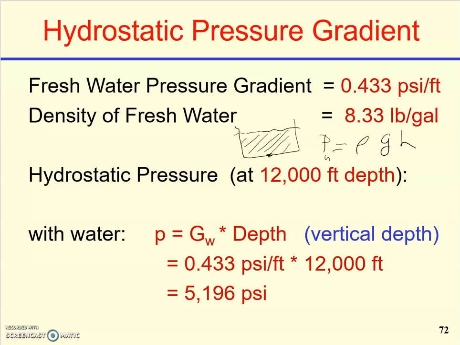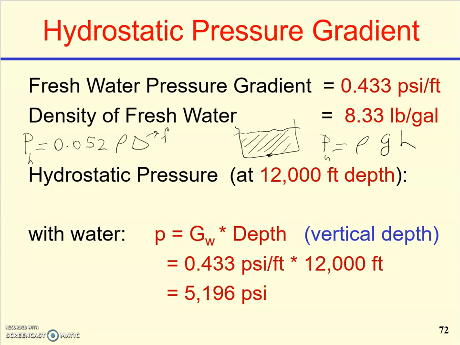So in petroleum engineering, or mostly in drilling engineering, the equation for hydrostatic pressure that we use is 0.052 multiplied by density multiplied by the depth.